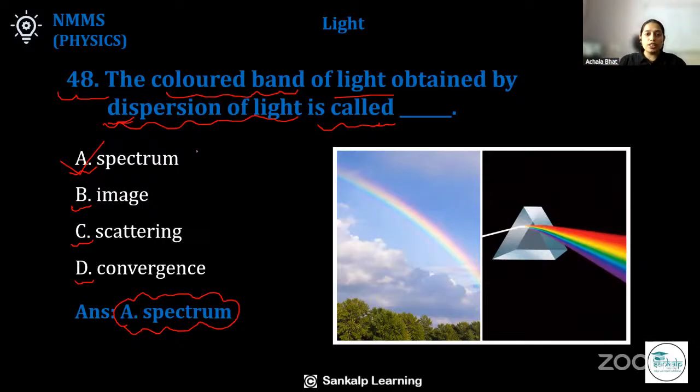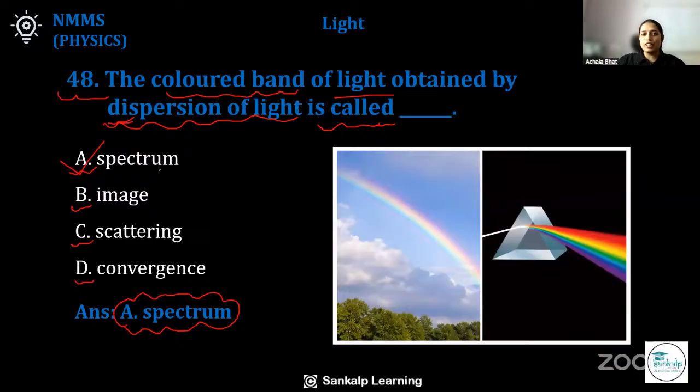That is called spectrum. Here, see in school, during prayer, you make line, right? In that line forms height progression. Similarly, here, spectrum forms progression of wavelength.